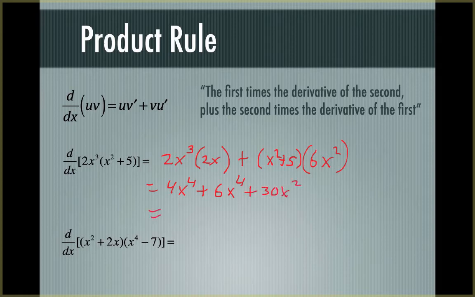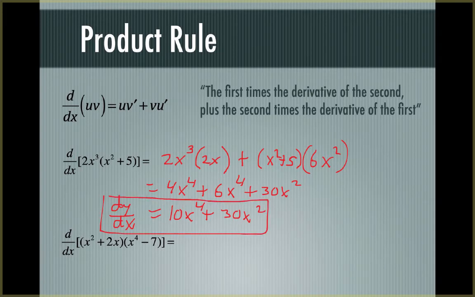Combine our like terms, and we get 10x to the 4th plus 30x squared. So dy dx equals this. That is our product rule in work.